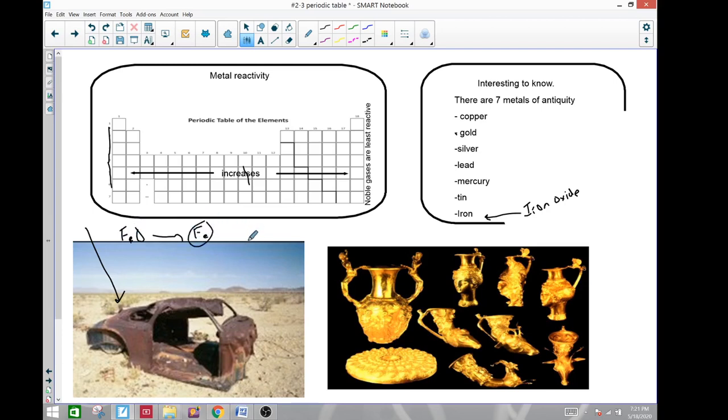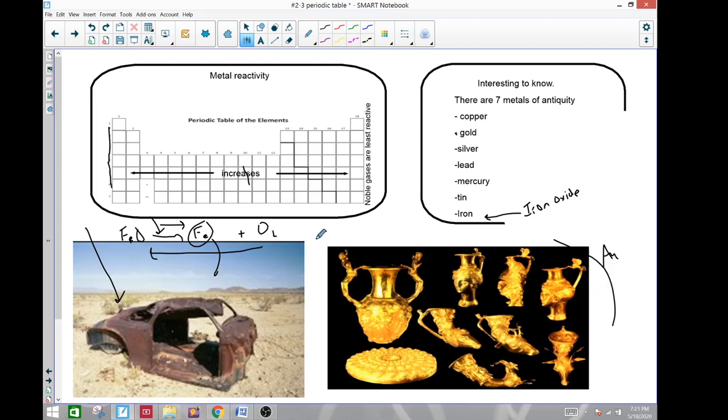Then the rest of the time that it's on Earth, the air it's submerged in is just trying to drive it back to iron oxide. Give it time, it goes there all by itself, and humans add in energy and drive it back. Whereas a metal like gold, Au, this process of oxidizing gold is very slow, if at all.